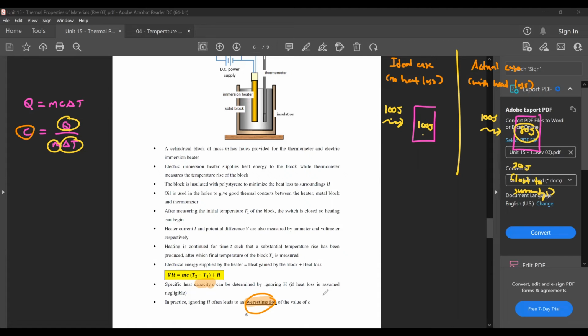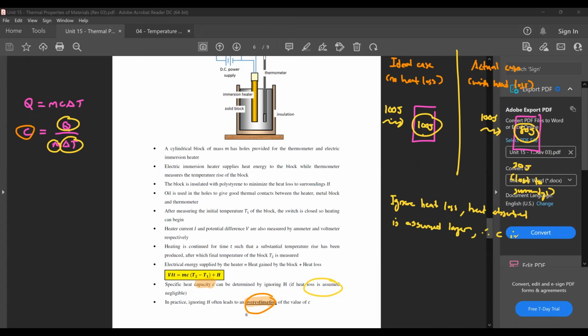But when you ignore heat loss, you're assuming that your block is getting all the heat. So when you ignore heat loss, the heat absorbed is assumed larger.